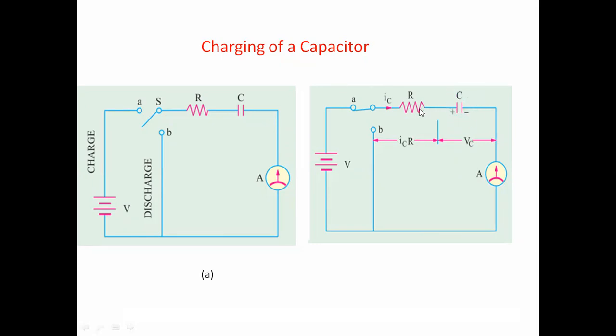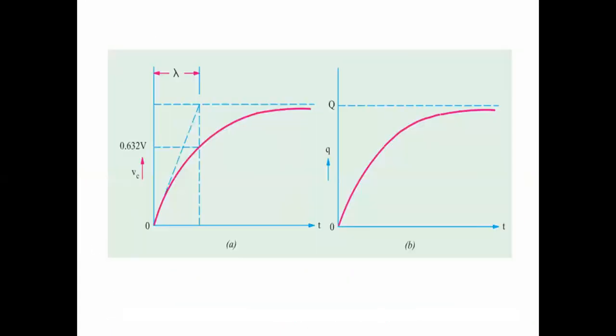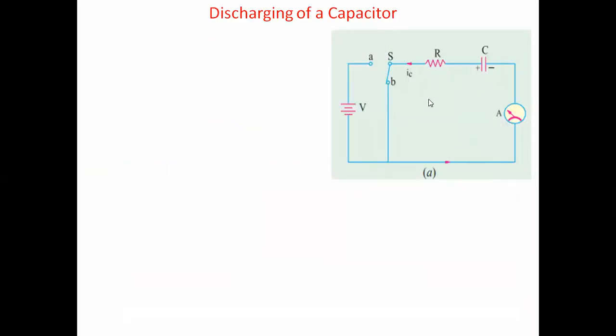When the switch S is connected to B, the capacitor starts conducting. The capacitor provides the supply, and the direction of the current is in this way. So when the switch is connected to B, this circuit forms the discharging of a capacitor.